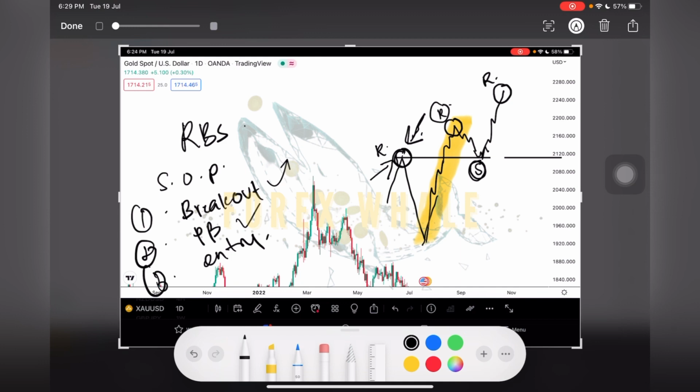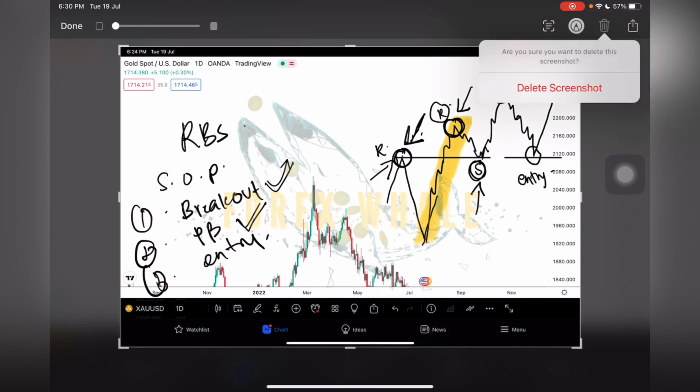So this new resistance created by this support has broken through not just one resistance but 2 resistances. Once price does that pullback, we already have that breakout, we have already got that pullback, so wait till price forms this, and then we place our entry once price comes back into that support level for it to go all the way up. So this is the theory of RBS.